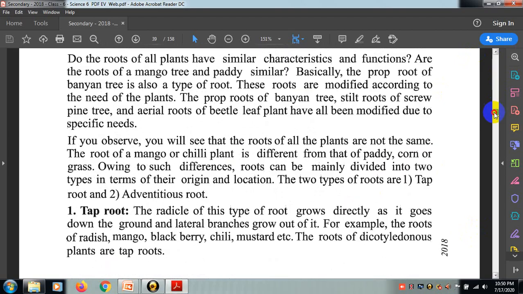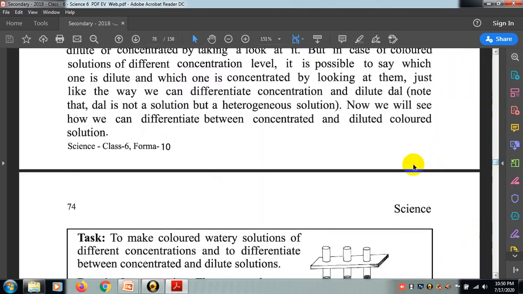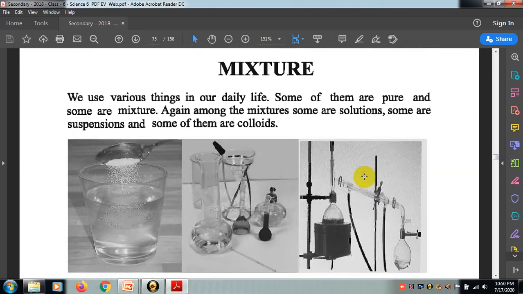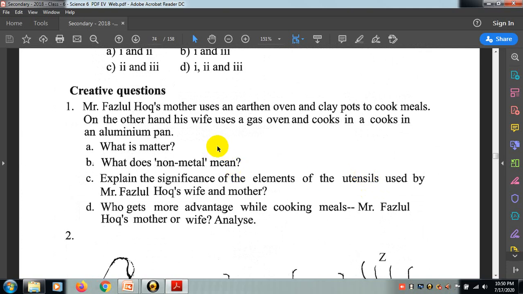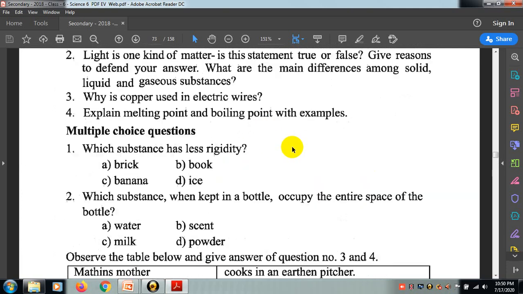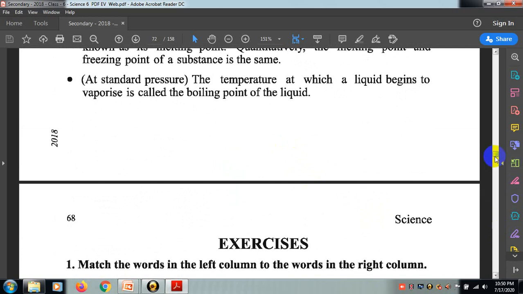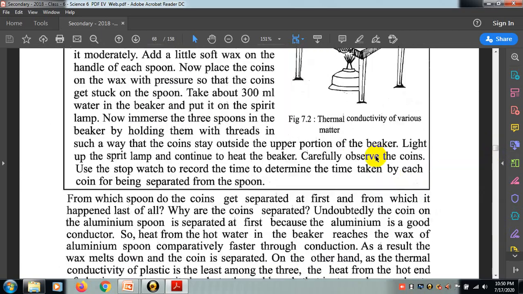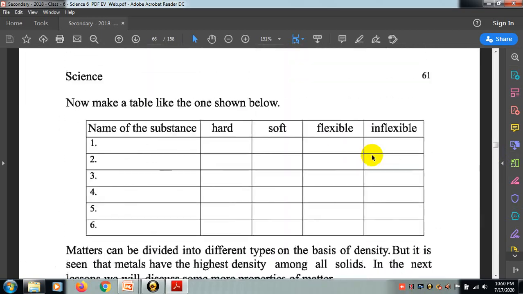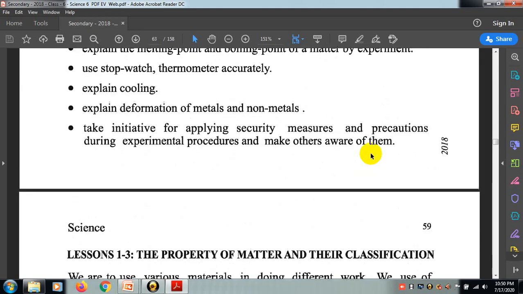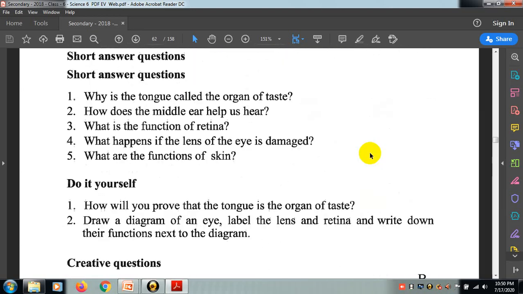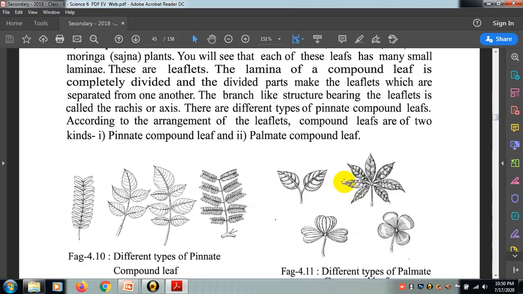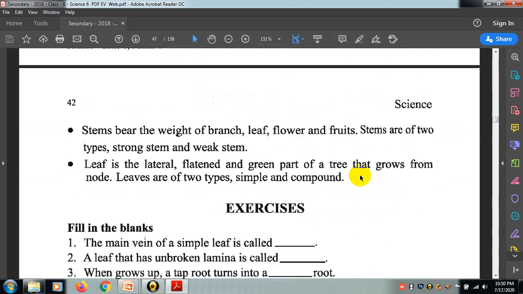So we directly go to our exercise. So these are the very important things.